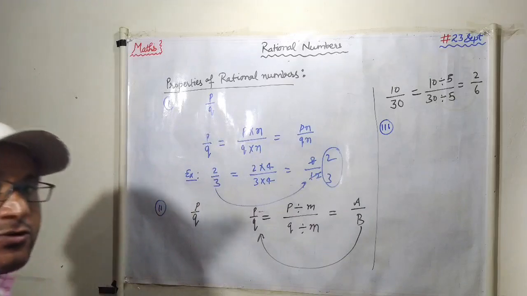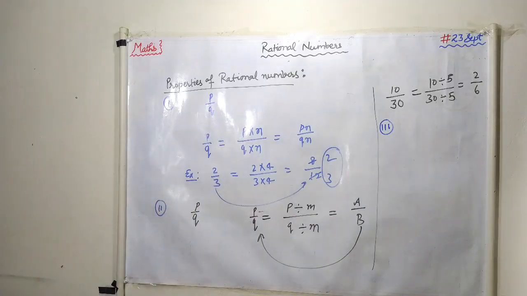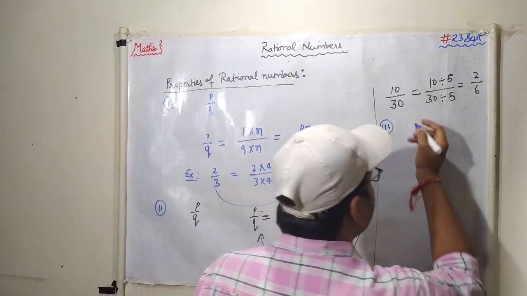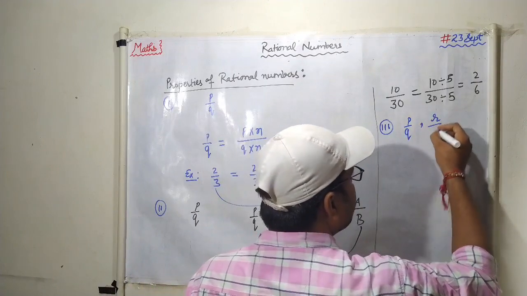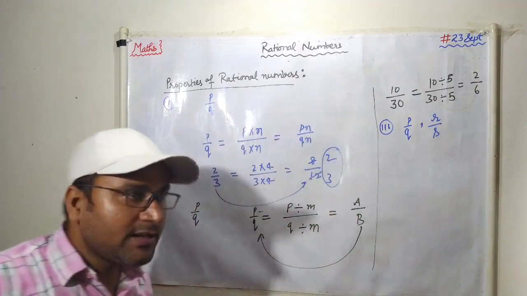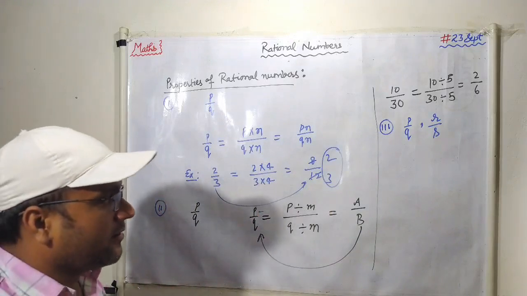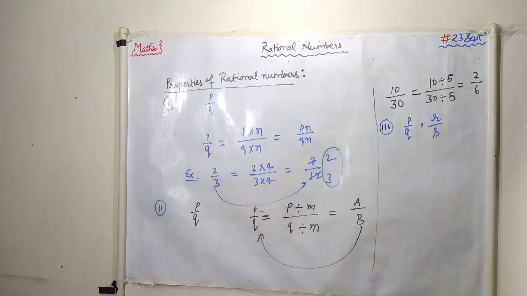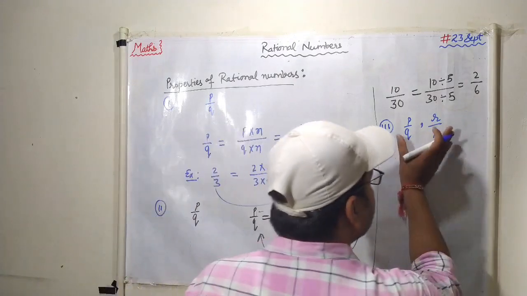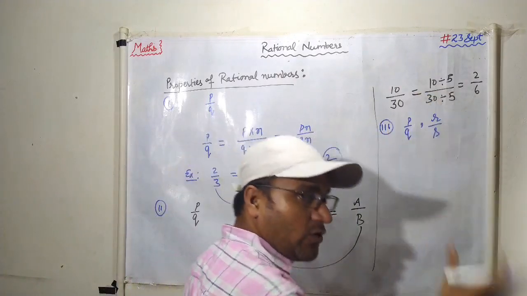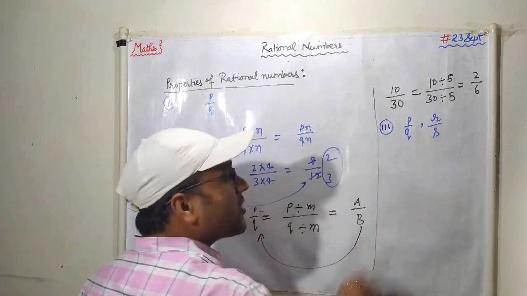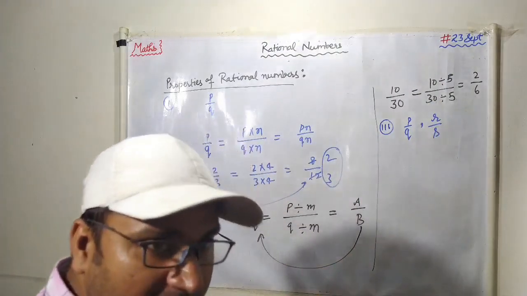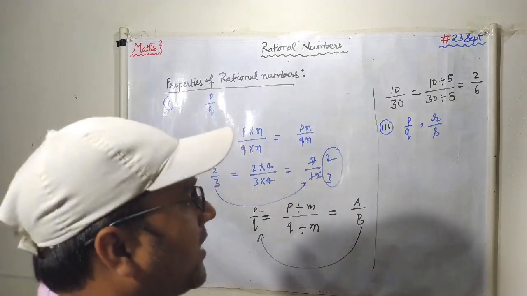This is based on two rational numbers. If P upon Q and R upon S are two rational numbers, they are said to be equal if their cross product, or cross multiplication, is equivalent.